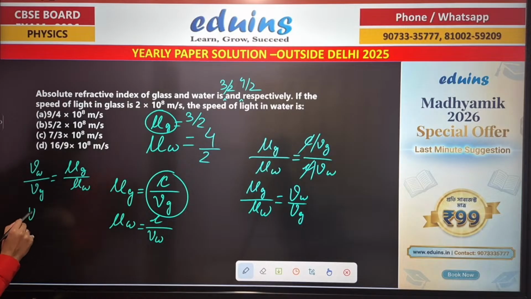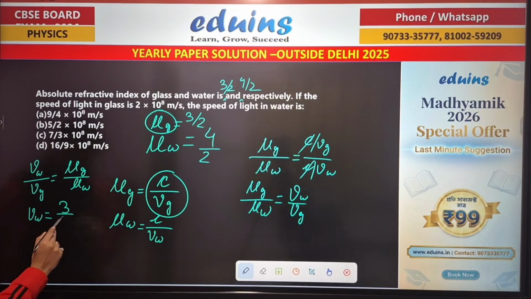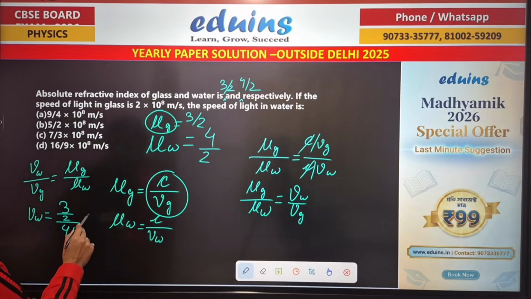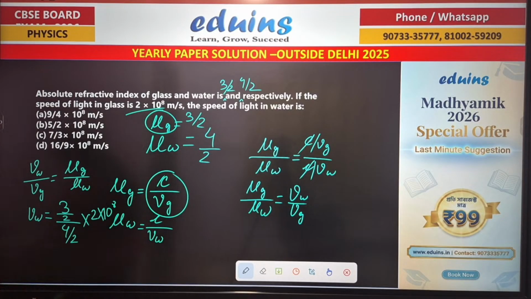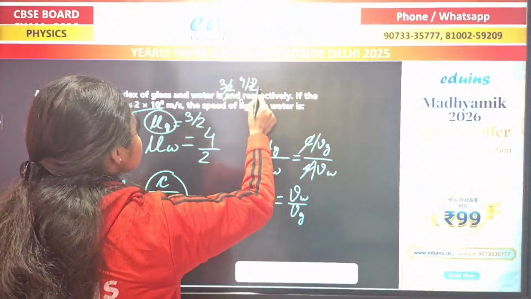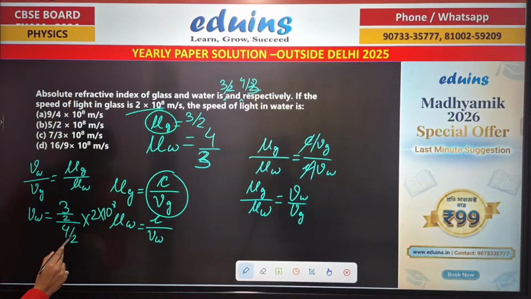Now Vw is equal to mu g by mu w, times Vg. What is mu g? Mu g is 3 by 2. Mu w is 4 by 3. And now we have Vg. What is Vg? 2 into 10 to the power 8. Oh, sorry, mu w is 4 by 3. Okay, 4 by 3.